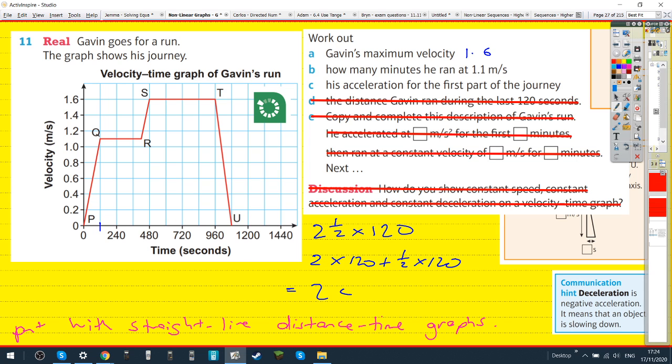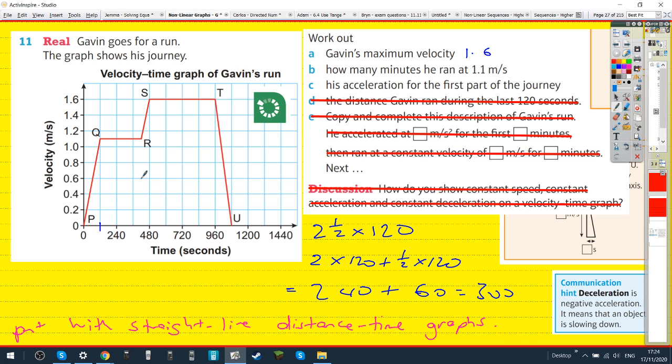Yeah. And half a square? 60? And so how many minutes in total? 300.